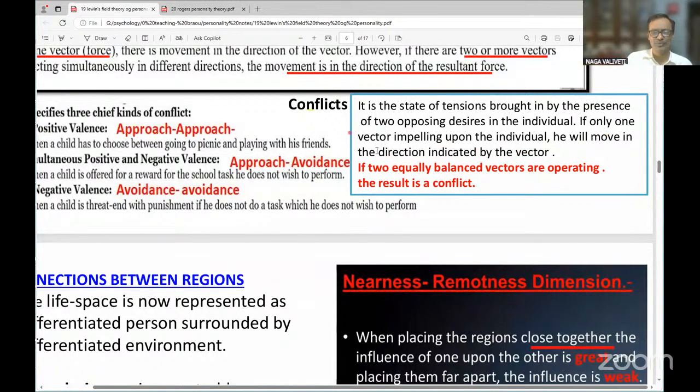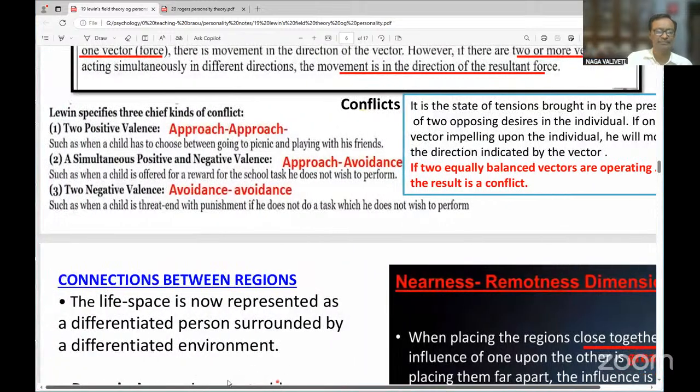If equally balanced vectors are operating in these opposite directions, it leads to conflict. Same we discussed in the Dollard-Miller conflict, positive approach. This is what was taken by Dollard and Miller from Lewin.